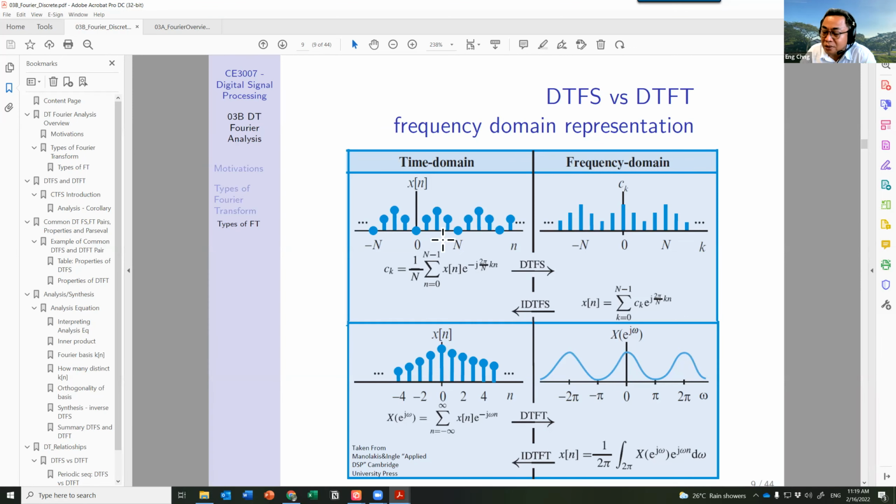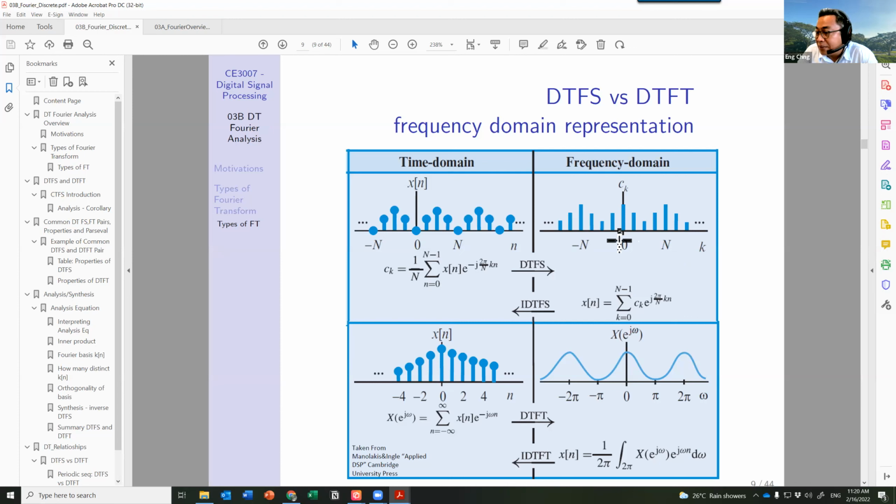All you need to reconstruct this signal is to use the 0 frequency, the fundamental frequency omega naught, which is 2 pi over big N, the second harmonic, which is 2 times 2 pi over N, the third one, and so on. In fact, you don't need all of them, you only need from 0 to N minus 1 because the rest is repeating. Okay, so there are a lot of things going on here, and only when you read the slides will I tell you these things. But for the big picture, you don't care, right? You just plug in this equation and see this figure.